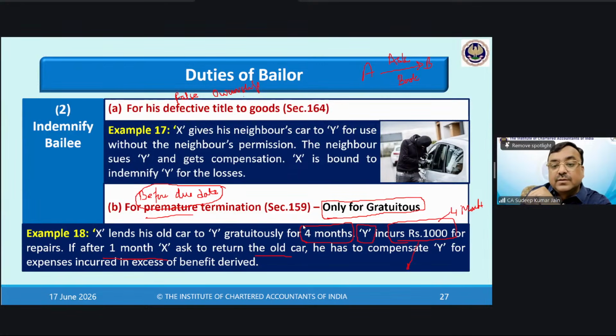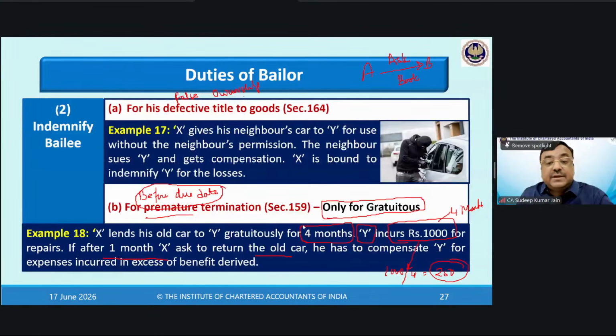So Y has to return this car, but Y has taken the benefit for 1 month. 1,000 divided by 4, it means 250 rupees benefit for 1 month. In this case, he has to return the car to X, but he can claim 750 rupees.